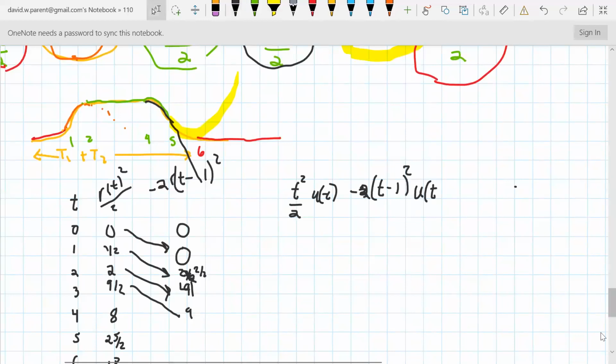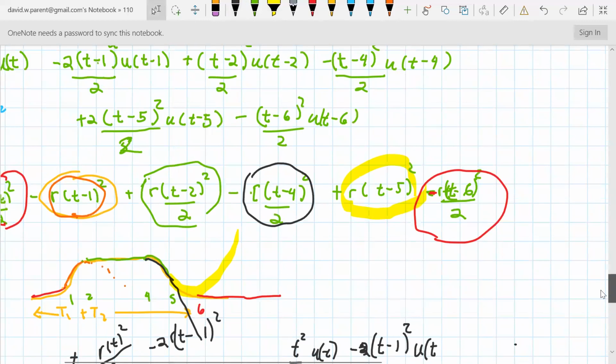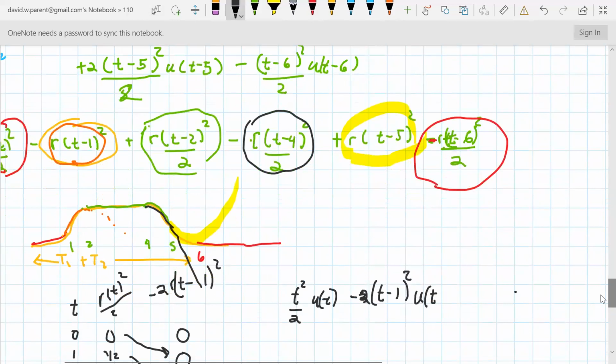That's not 2. I don't know where that 2 crept in. I'm sorry. It's not 2. And then plus t minus 2 squared u.